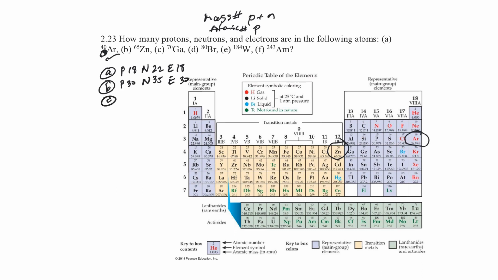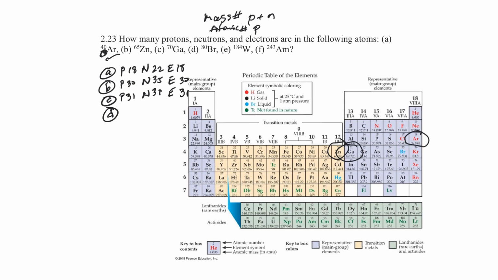C, gallium-70. Gallium here is 31. So protons would be 31, neutrons is 70 minus 31, which is 39, and electrons is the same as protons, 31.